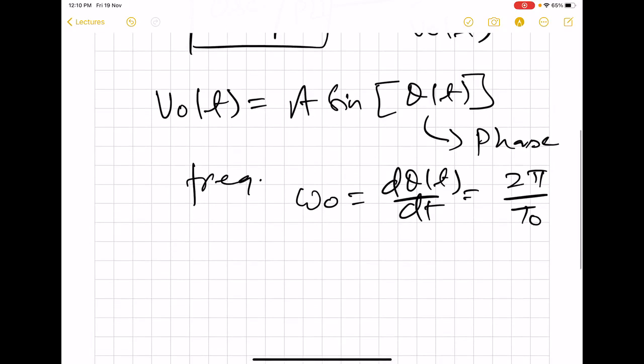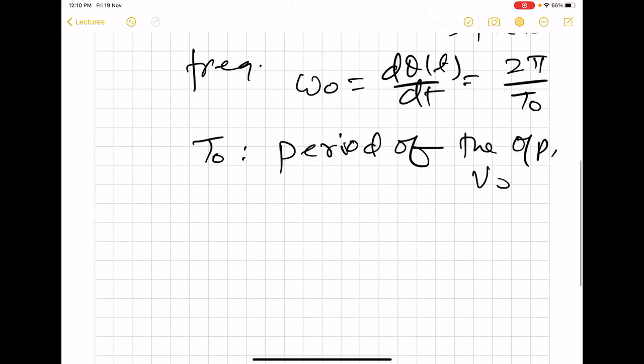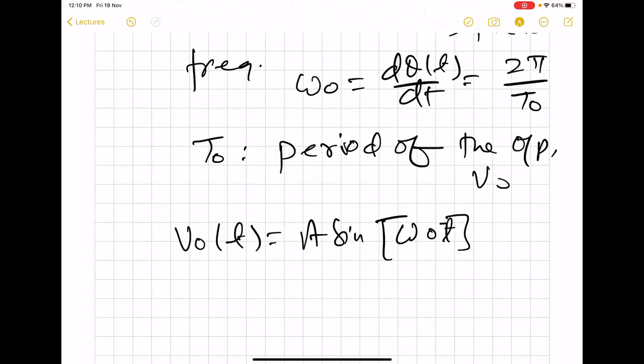where T naught is the period of the output. That means V_O is A sin(omega naught t), or A sin(2 pi t by T naught).